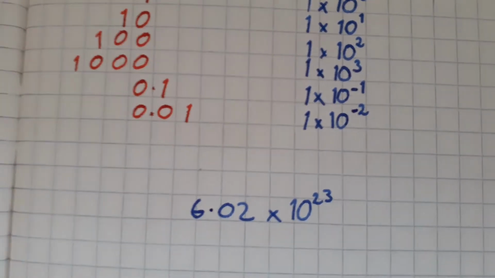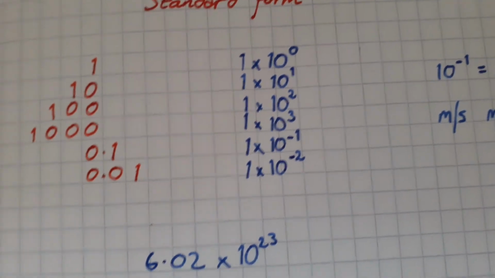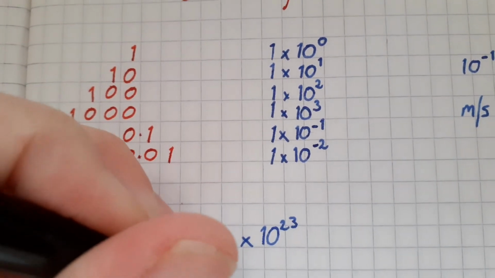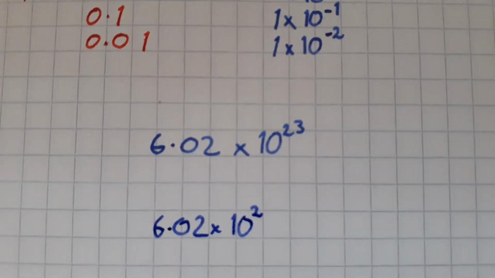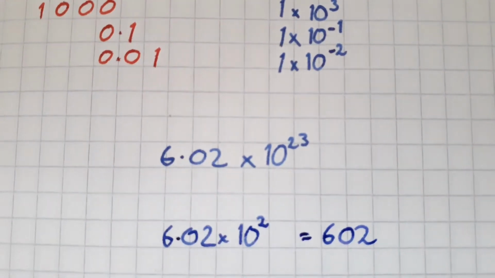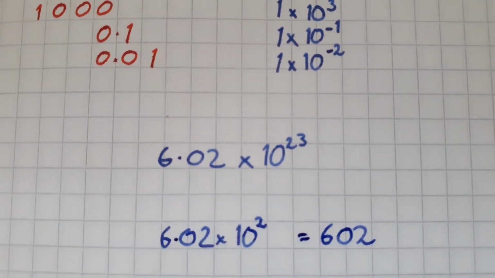Okay, so if we did 6.02 times 10 to the 2, just because it's easier on the zeros, we would get 602. Okay, I've moved that decimal point 2 places away.